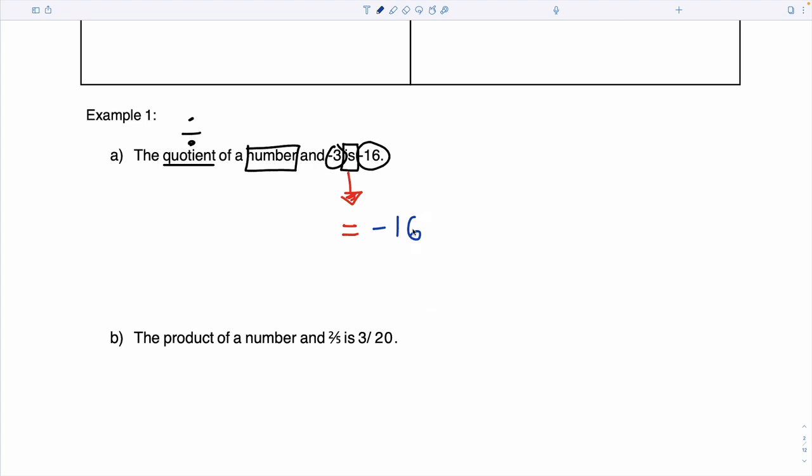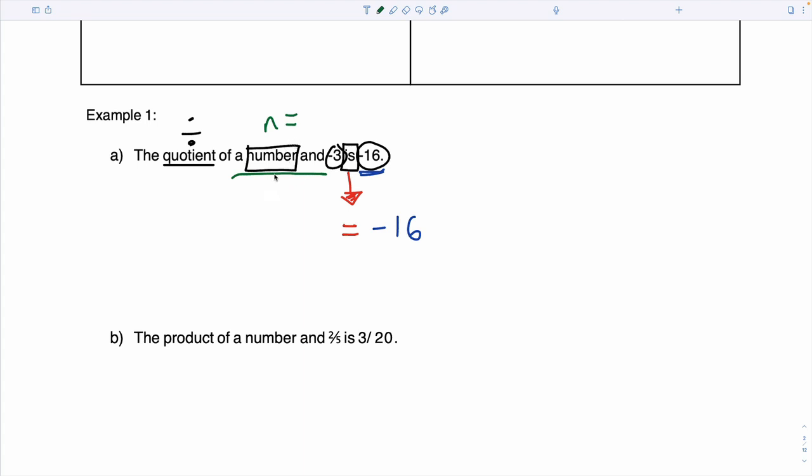From here, I have the right side. Let's go to the left side. They tell me the quotient of some number and -3 is that. I don't have a variable for the number, so I need to make one before I move on. It could be n for number.